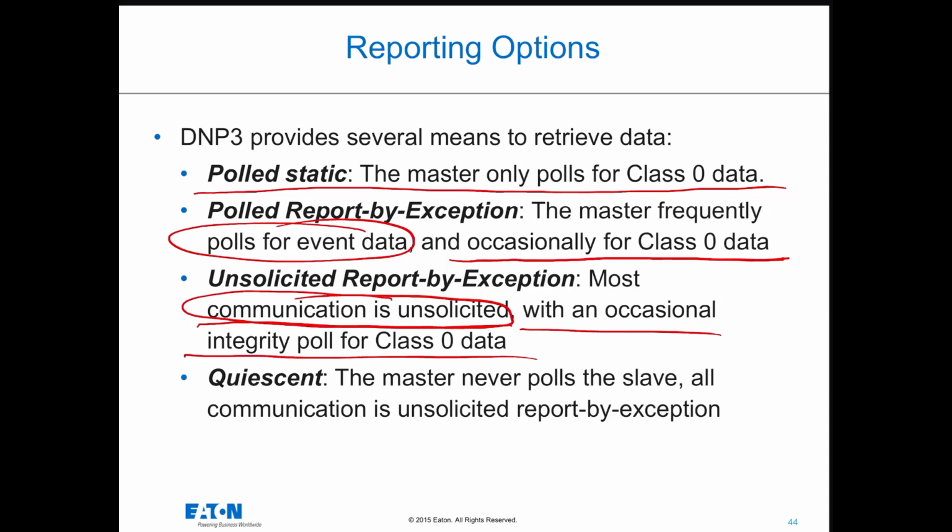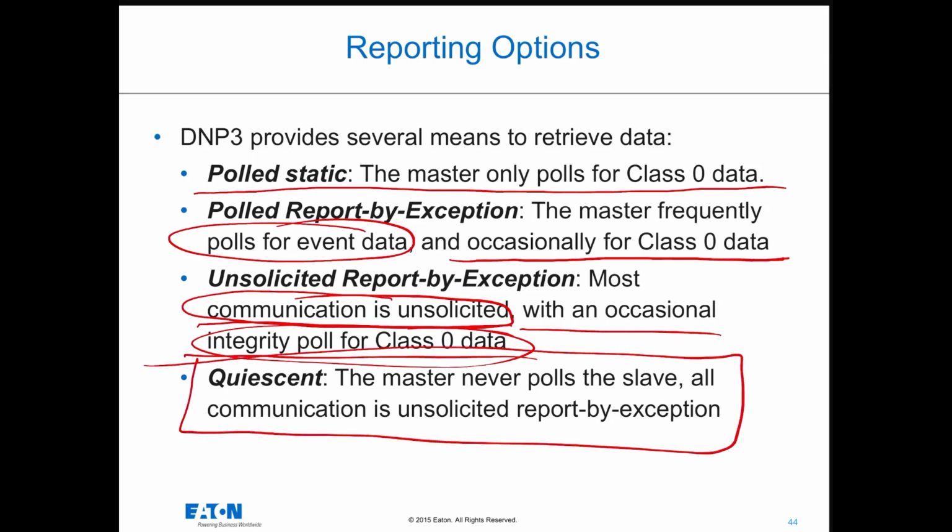There's still a continuous polling of class 1 for sure, and possibly class 1, 2, 3 every time. Now this is the last one, where there are no occasional class 0 integrity polls, and it's just a completely quiet network. The only time there's communication is when there's an unsolicited RBE. Okay, so that's called the quiescent example, where the network's quiet.